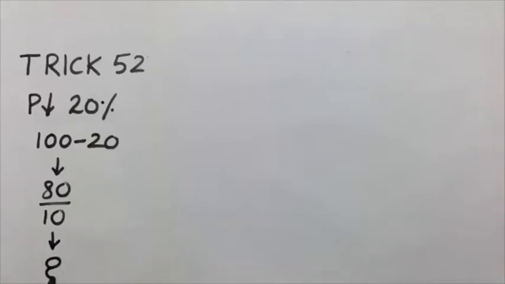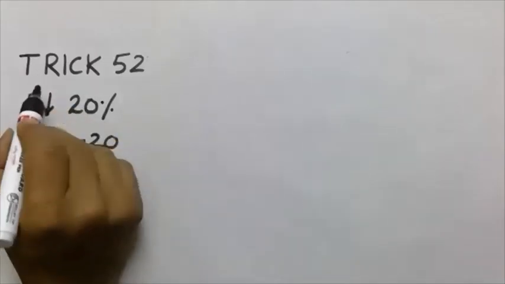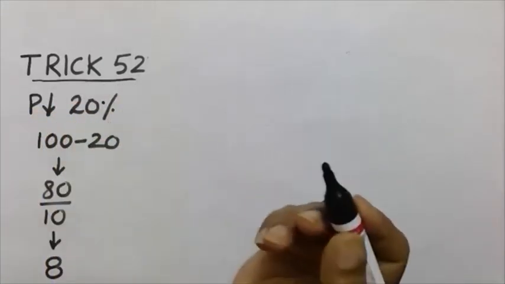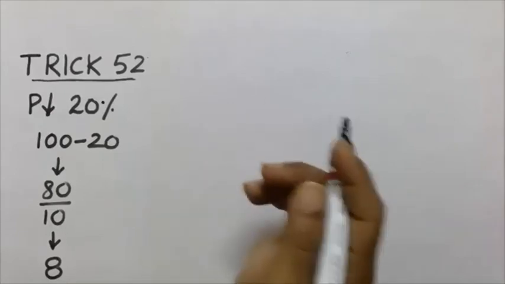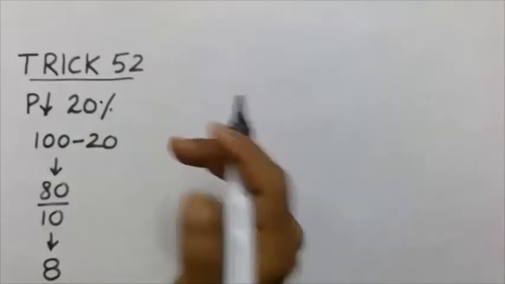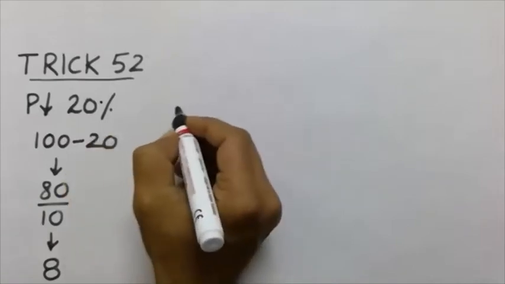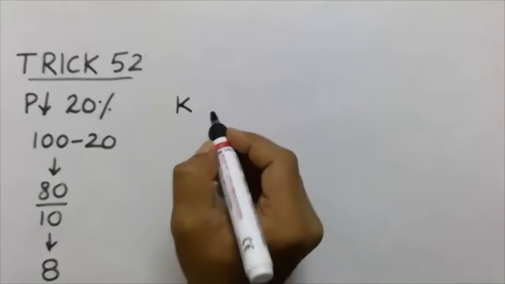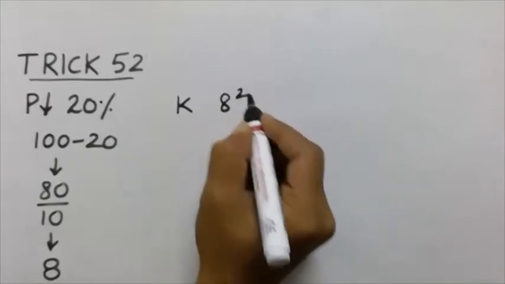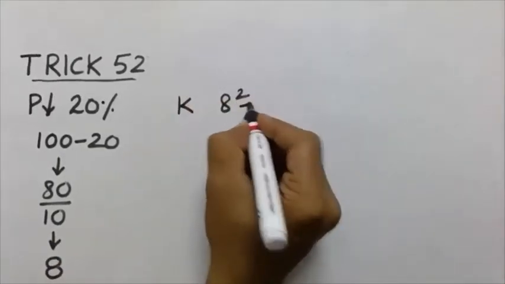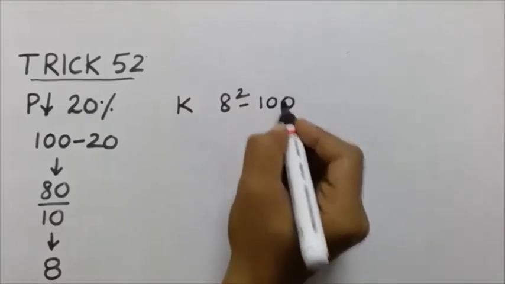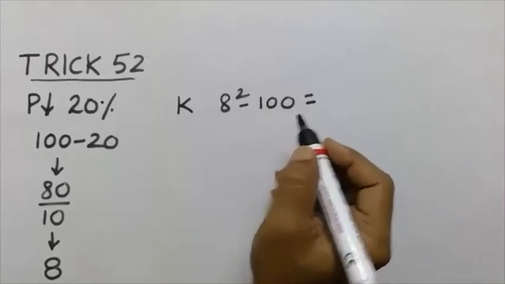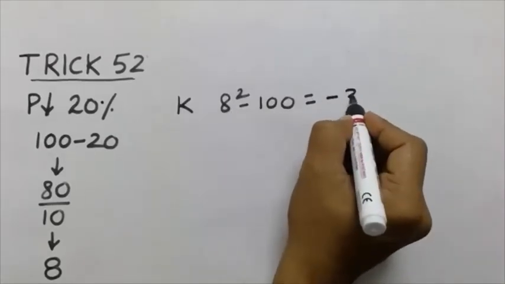8. Now straight away, if you want to get the change in the kinetic energy, it's a decrement, of course. The decrement will be revealed by the sign. Simply, 8 square minus 100. How much will you get? 64 minus 100 is minus 36.